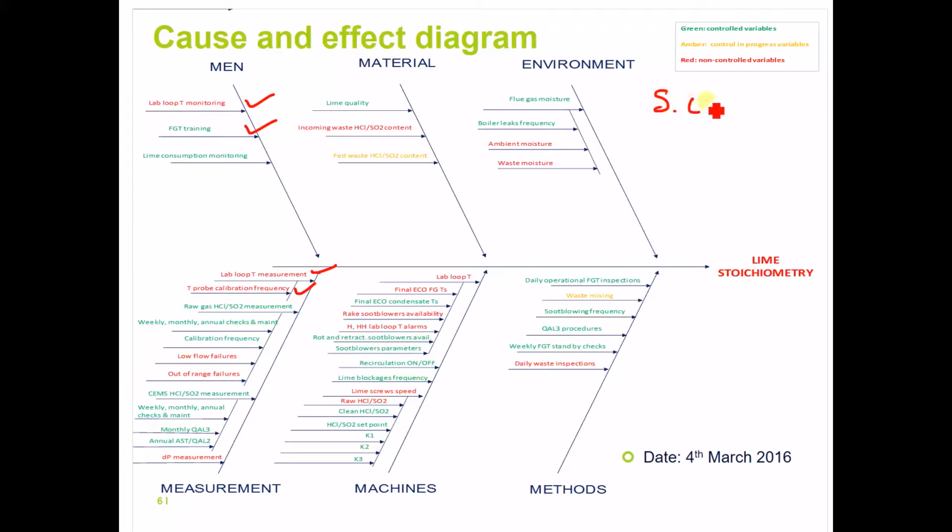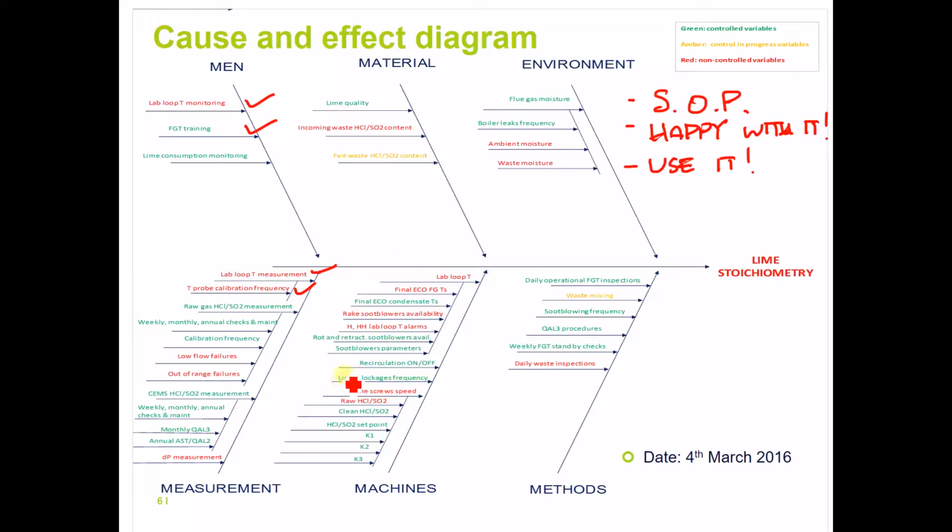So to get green to say that we are in control of that input, we have to have a standard operating procedure. We have to be happy with it. In other words, it has to be nice and specific, meaningful. And finally, we have to use it. And if you get those 3 ticks in the box, then this variable will go green.